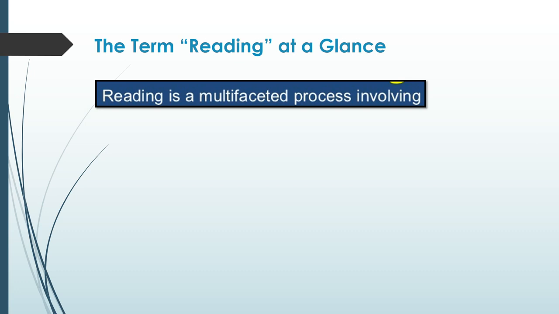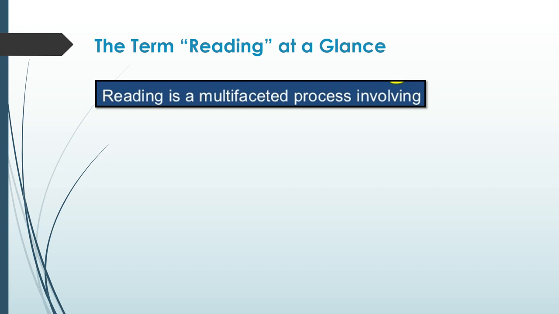This is the process in which the brain remains engaged in different functions or different tasks that the brain does. Apparently it seems as if the reader is only looking at the text in front of him or her, but in reality, there are so many things going on during that process, which we will discuss now.